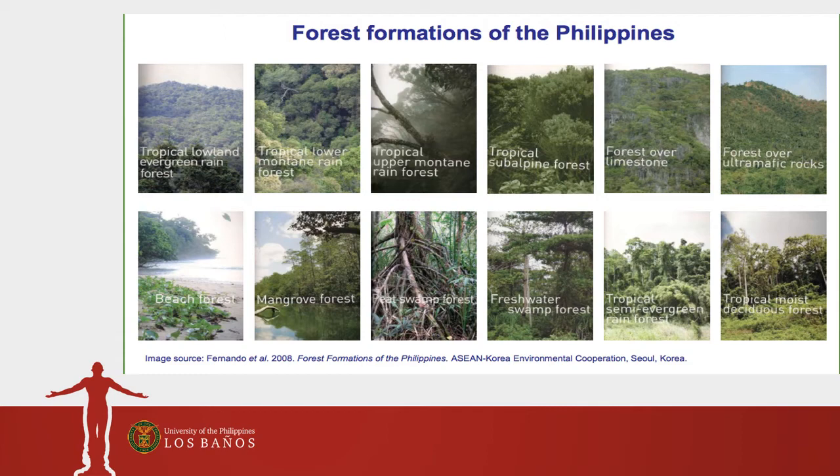These are the tropical lowland evergreen rainforest, tropical lower montane rainforest, tropical upper montane rainforest, or what we call mossy forest, tropical subalpine forest, forest over limestone, forest over ultramafic rocks, beech forest, mangrove forest, pit swamp forest, freshwater swamp forest, tropical semi-evergreen rainforest, and tropical moist deciduous forest. How many of these have you ventured in?